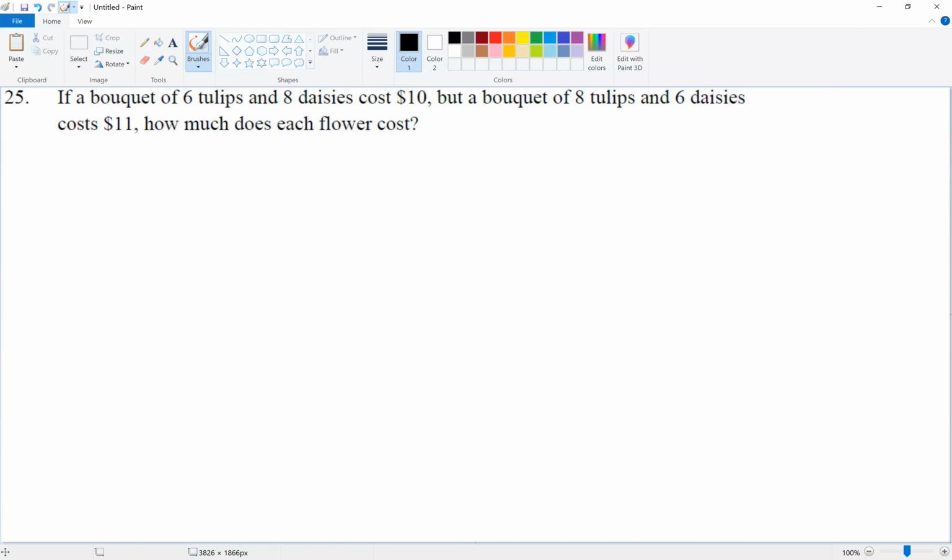But if they were all 1, then 6 tulips and 8 daisies would equal 14. But 14 wouldn't work. So if you half 8, that would mean it's now 4, and 6 plus 4 is 10. And if you do 8 plus 3, that'd be 11.